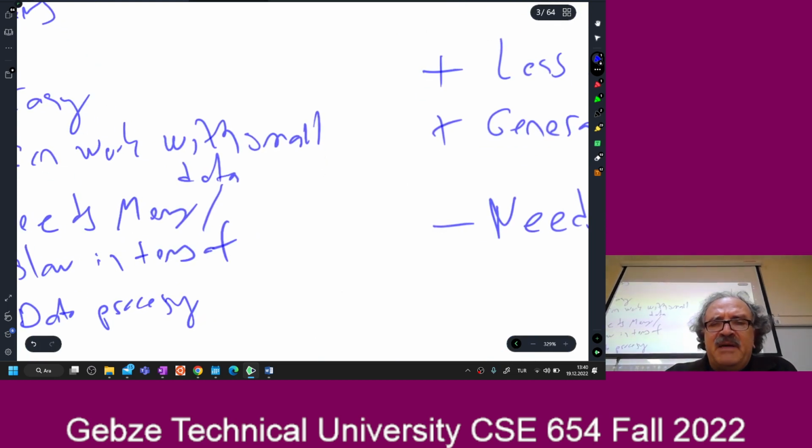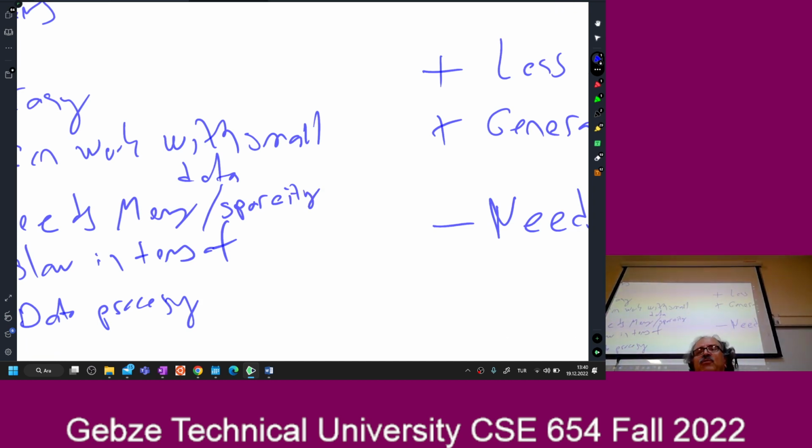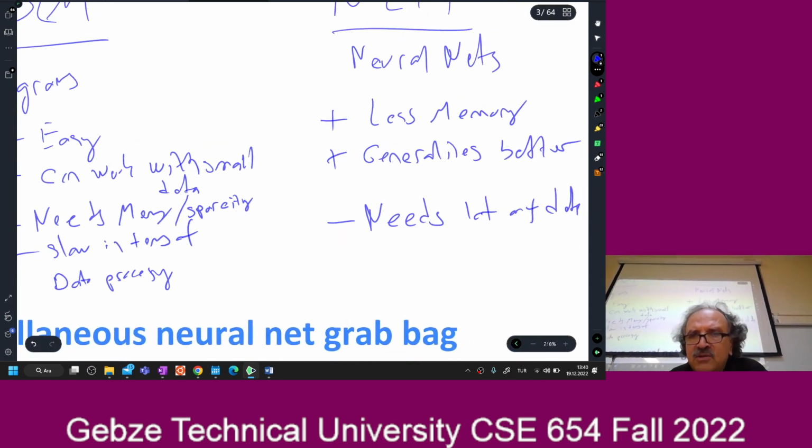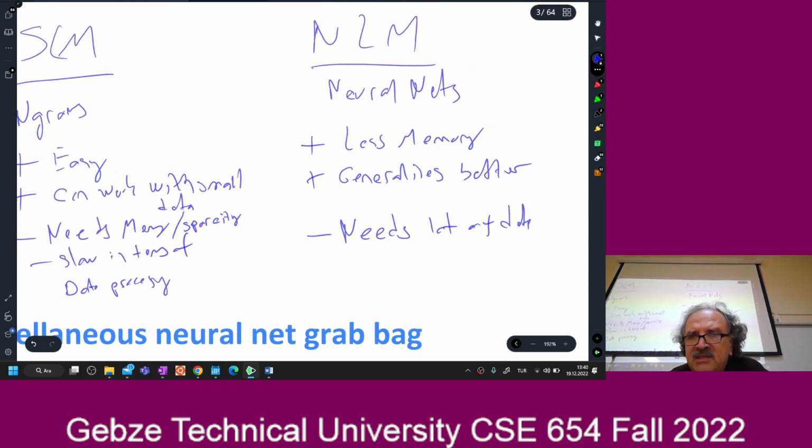This data sparsity is going to be a problem. I mean, 99.999% of your 5-gram tables will be empty, right? Okay. So it generalizes better, and no sparsity issue. Okay, no sparsity.